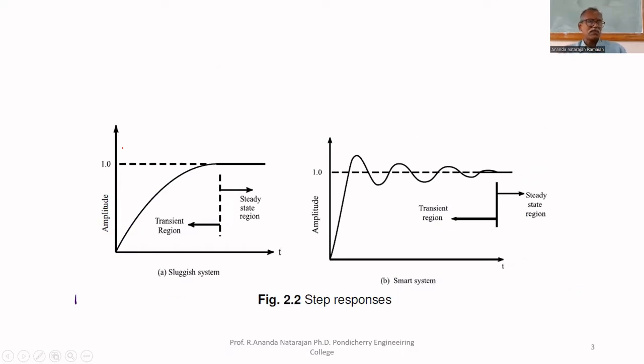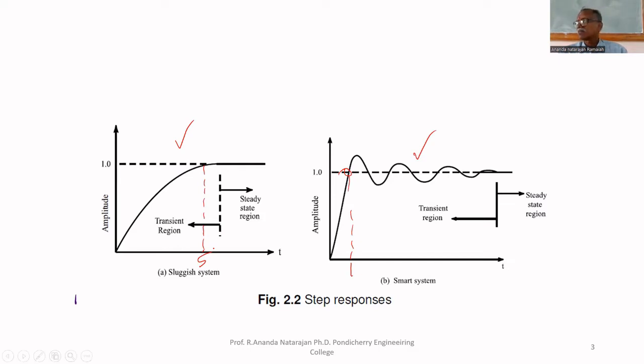Both are step responses. What is the difference? The first one is sluggish. The second one is smart, but it oscillated. Why am I saying that it's smart? It reaches the final value quickly. At what time? Say at 1 second it reaches the final value. Here, the first time it reaches the final value is at the 5th second only.